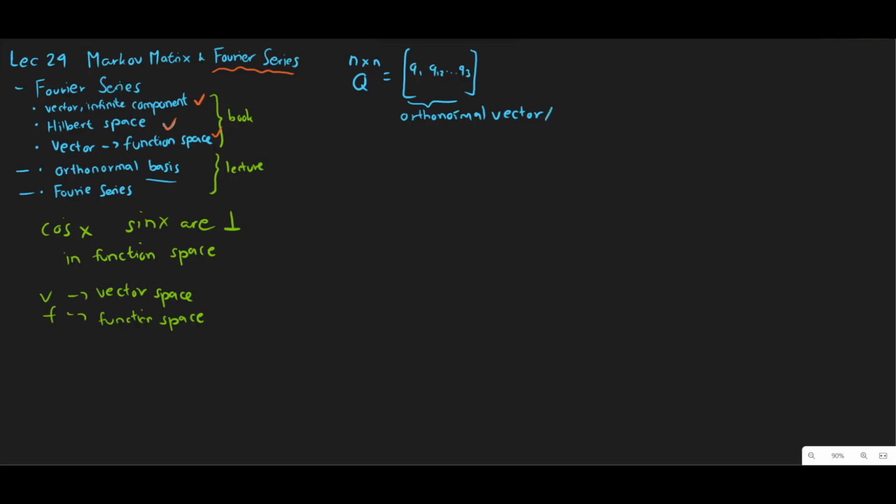So I can construct a vector that lives inside this vector space using all those bases, as some combination of q1, q2, until qn.